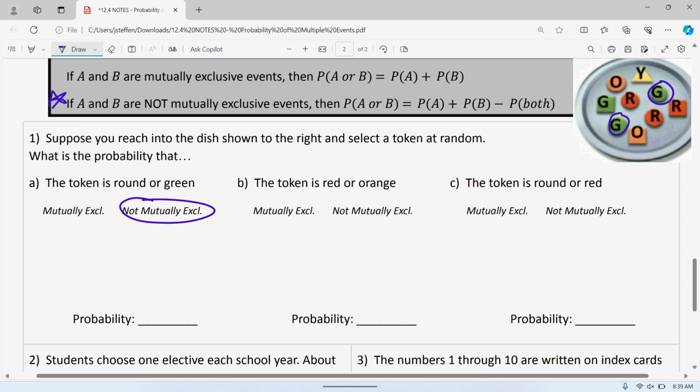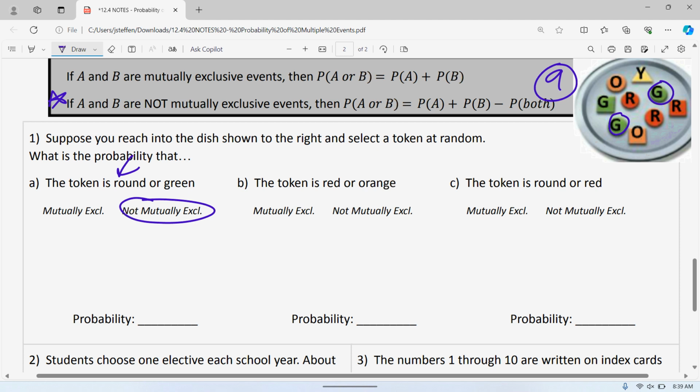Now again, I'm going to teach you how to do it both ways, but really, if you just always stick to that second formula, it'll work out, and I'll show you in some of these other ones in a second. So if you follow that formula, what's the probability of A happening? Probability of round. Well, there are 9 total things over there.